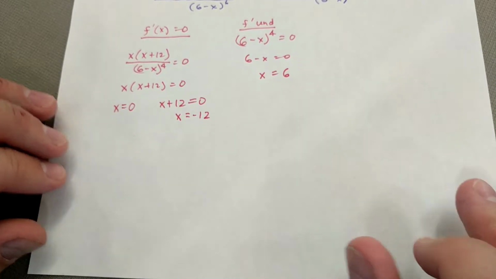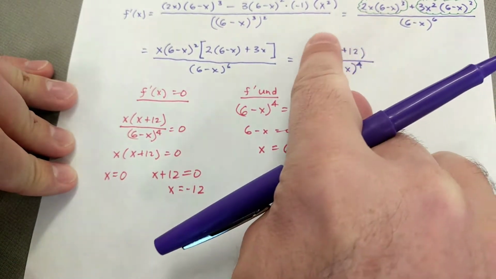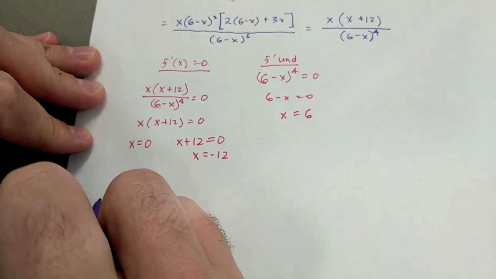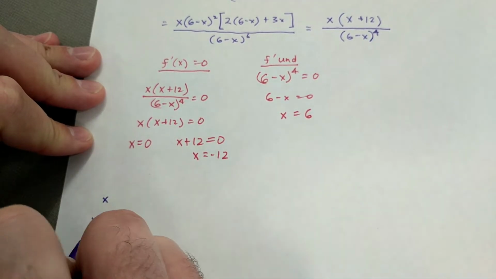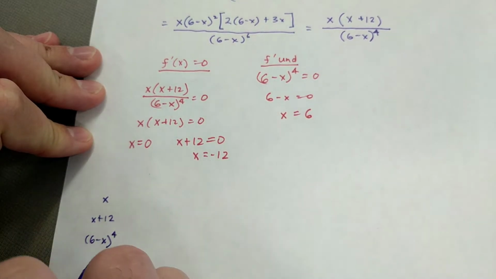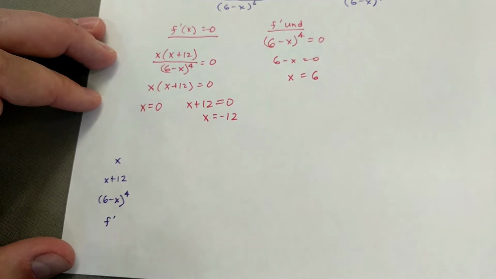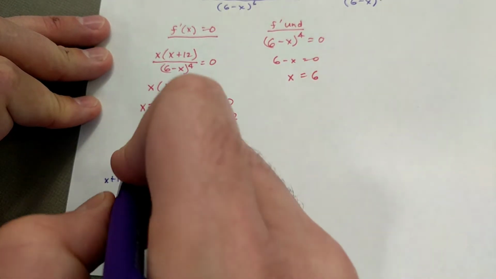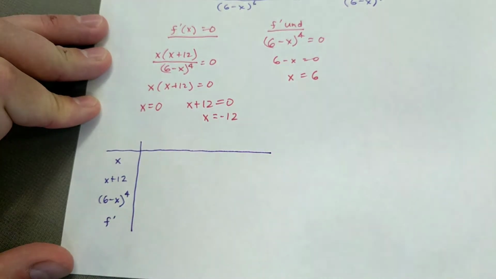So down below here, I write down first all of the factors from my f prime in the left column. So we got x, x plus 12, and then we've got 6 minus x to the 4th. And all of those build up f prime. And draw a little table.